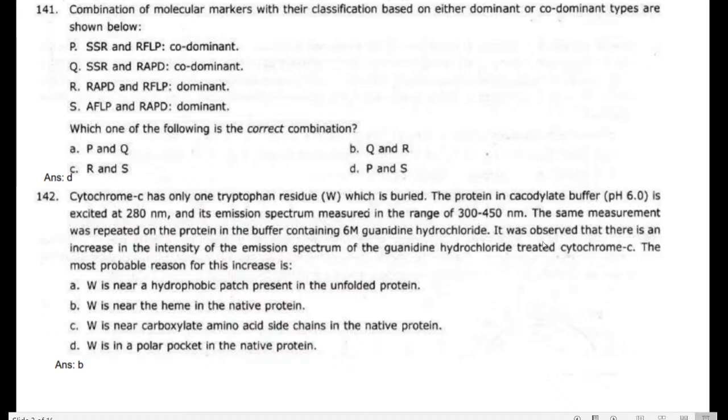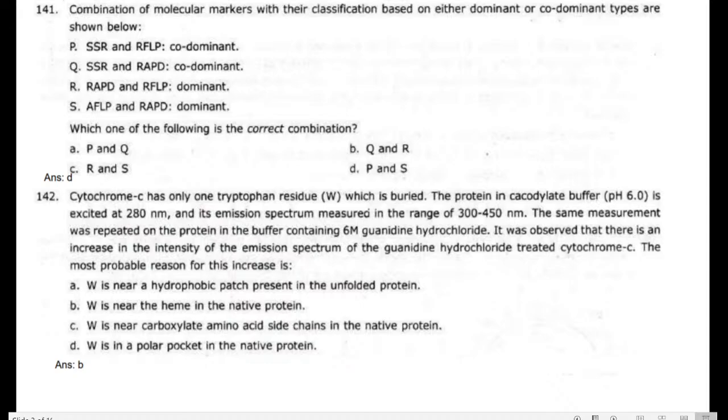It was observed that there is an increase in the intensity of the emission spectrum of guanidine hydrochloride treated cytochrome C. The most probable reason is W is near the heme in the native protein. Heme means it's near the active center.